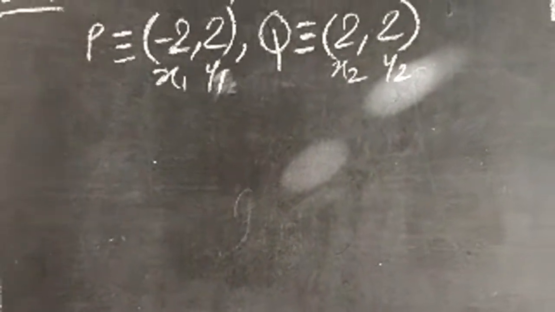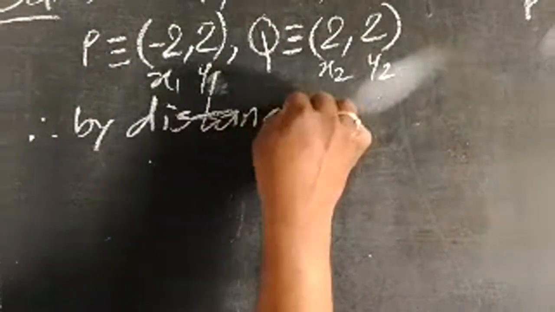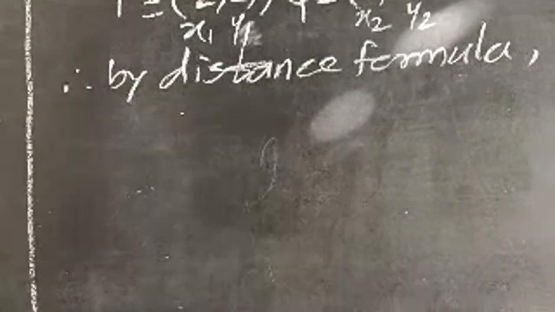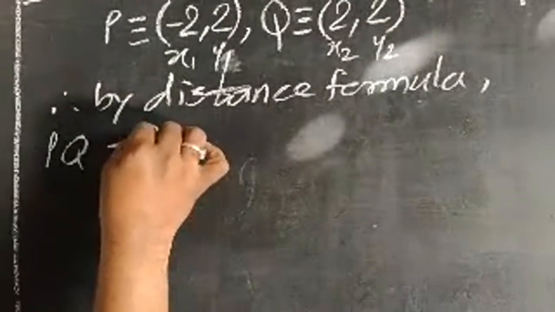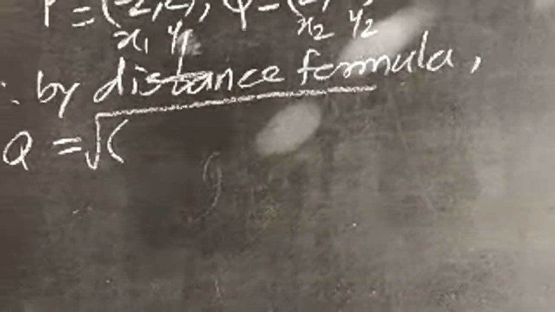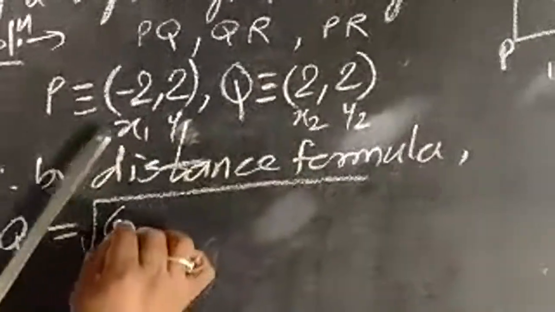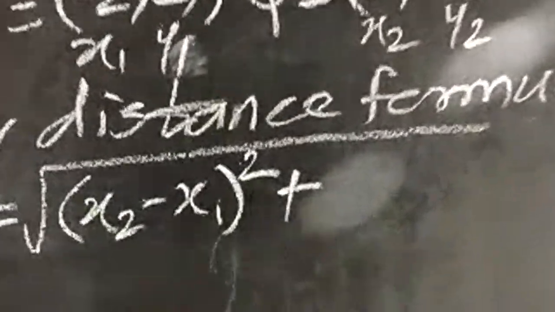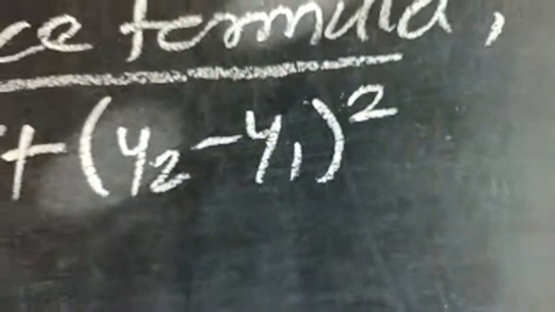Therefore, by distance formula, PQ is equal to square root of (x2 minus x1) bracket square plus (y2 minus y1) bracket square.